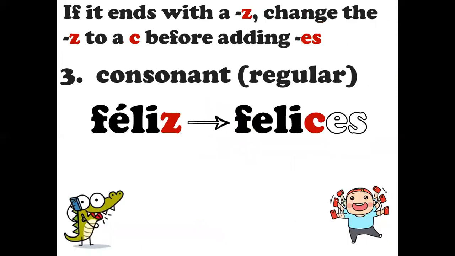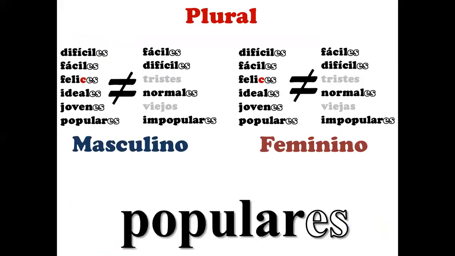It follows the same exception that nouns do. If it ends in Z, you have to change it in writing to C. There really isn't a good example in adjectives, and there's not a lot of adjectives that end in Z. So this is something probably native speakers sometimes forget about. So you can see here some examples pluralized.